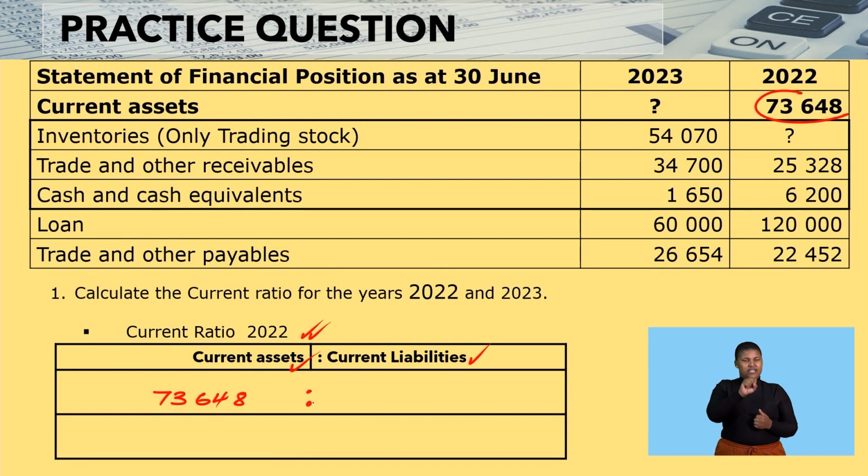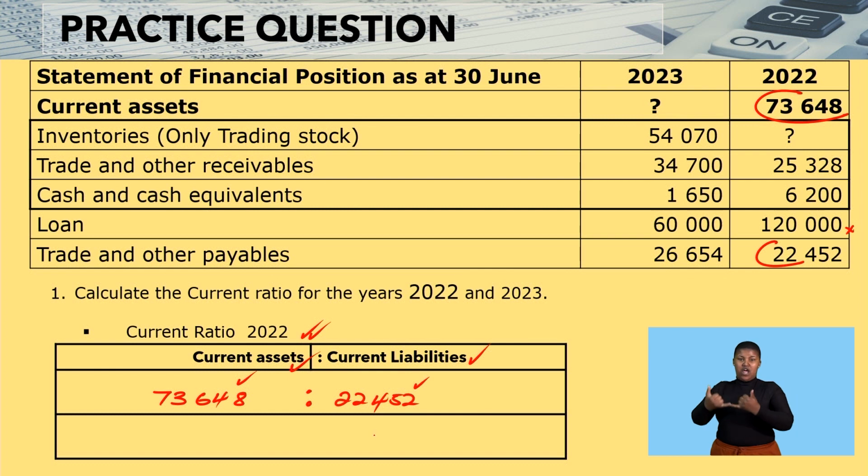Then my current liabilities. Do I touch the loan? No, that is a long-term loan. So I need to come to trade and other payables: 22,452. So I have my current assets and I have my current liabilities.